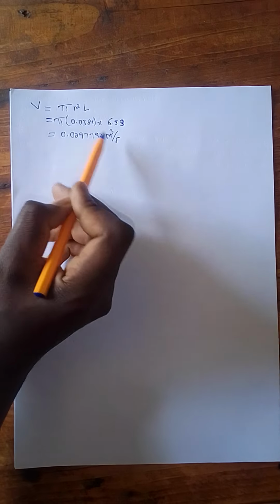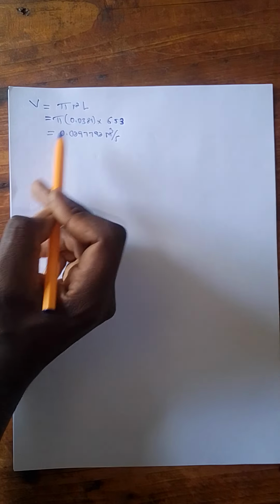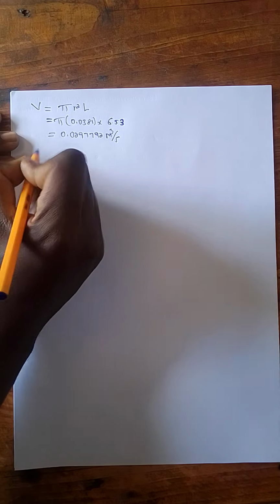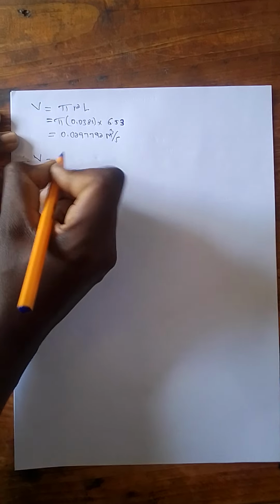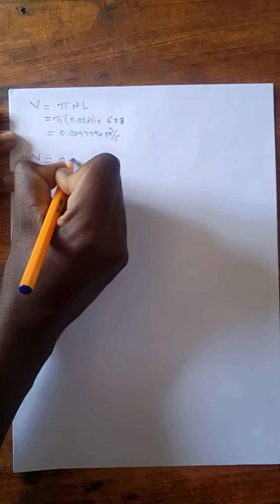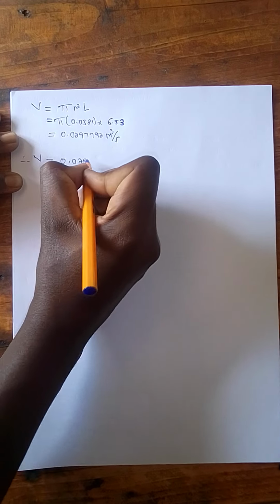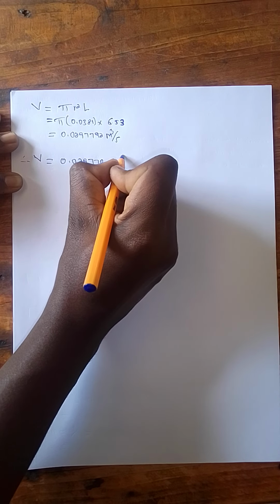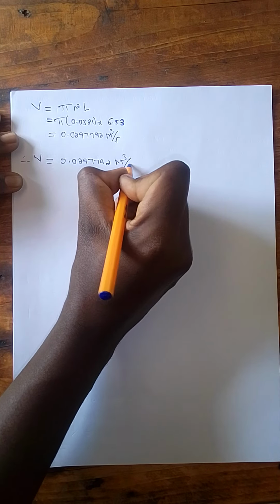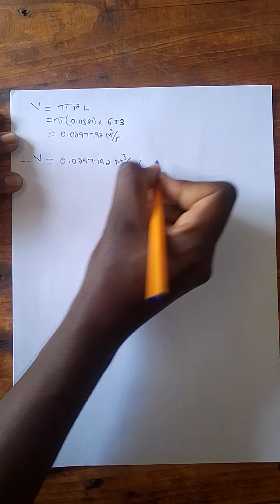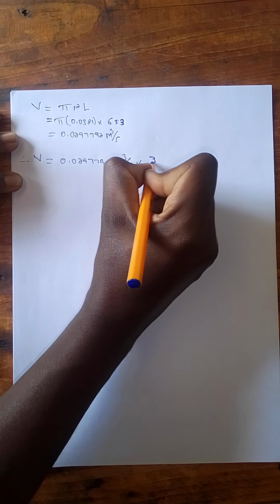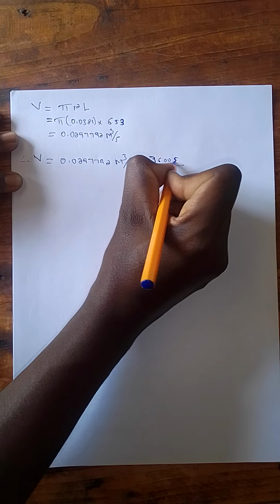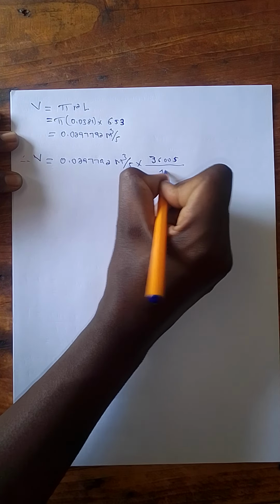So it's always wiser to convert the volumetric flow to hours, and when we do that, we can say therefore V is equal to 0.0297792 meters cubed per second multiplied by 3,600 seconds, all over 1 hour.